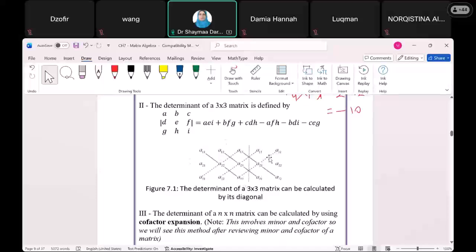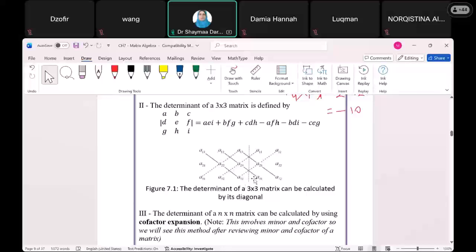We will repeat the first 2 columns. The first column I will repeat here, the second column I will repeat here. Then I have 3 diagonals here and another 3 diagonals in the opposite direction. You multiply the first diagonal, the second diagonal, the third diagonal, and add, then minus the addition of the multiplication of the other 3.